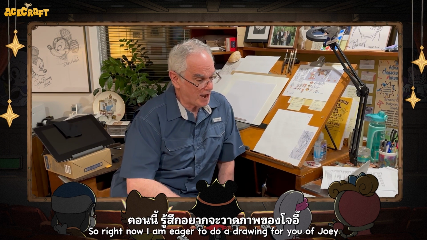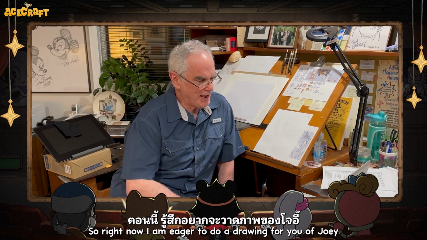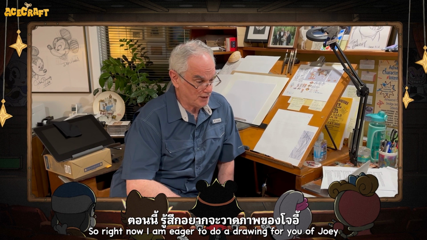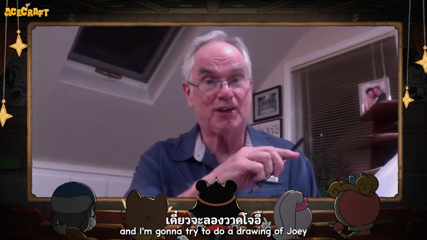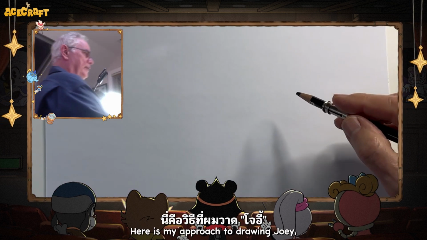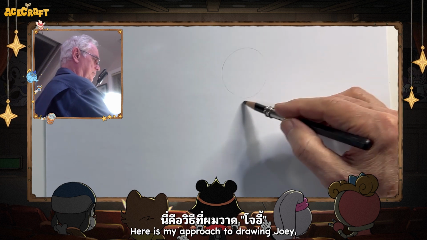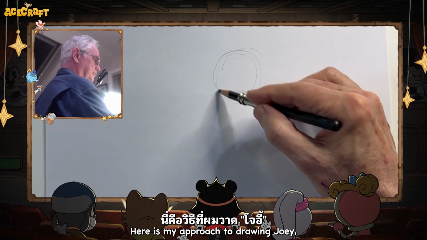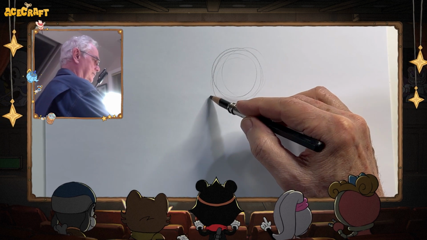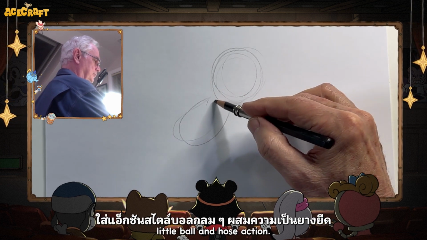So right now, I am eager to do a drawing for you of Joey in some sort of action. So I've got my pencil right here, and I'm going to try to do a drawing of Joey on my drawing board. Here is my approach to drawing Joey. Little ball and hose action.